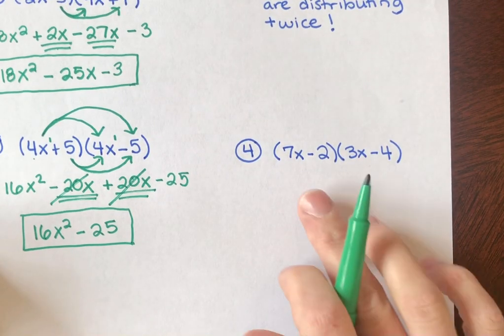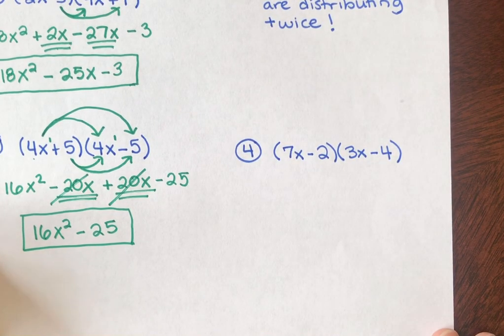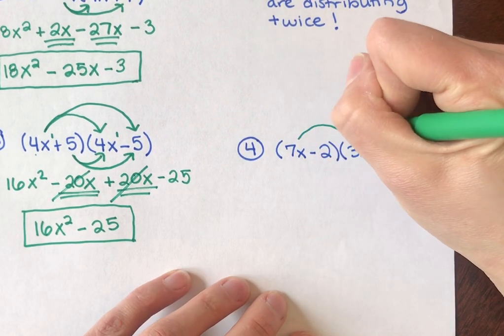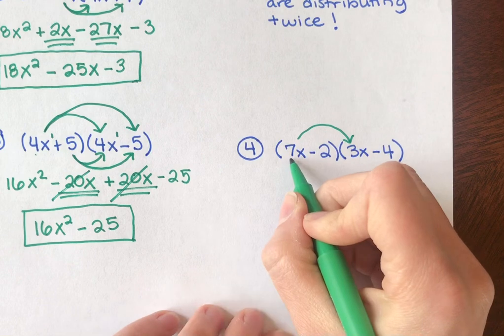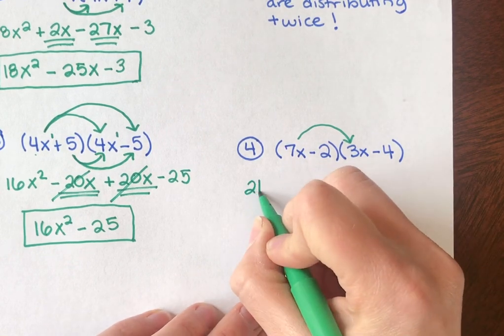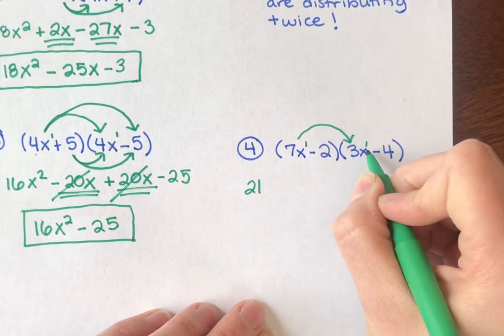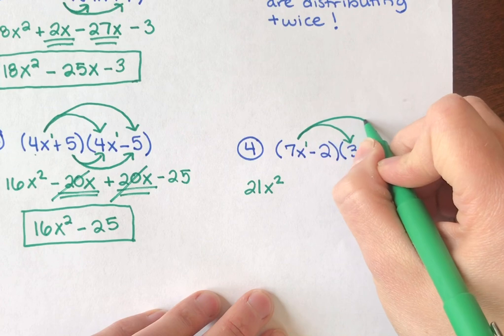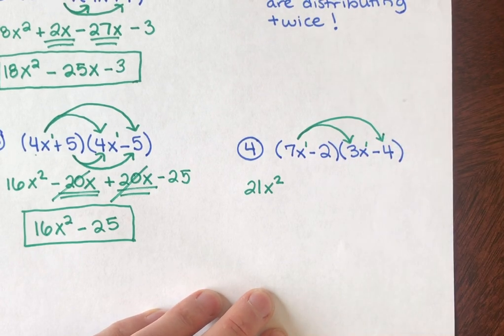And our last example here, I have a 7x minus 2 times a 3x minus 4. So I'm going to start with the 7x and distribute that to the 3x. So 7 times 3 is 21. X to the first times x to the first is x to the second. So 7x times 3x is a 21x squared. And I'm going to take 7x and distribute it to negative 4.